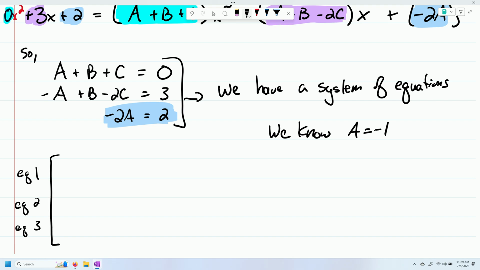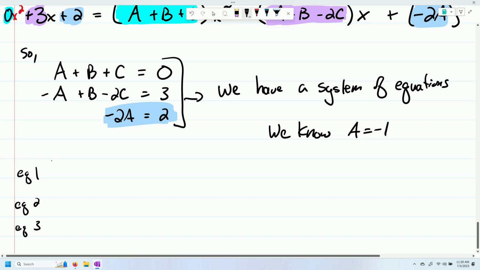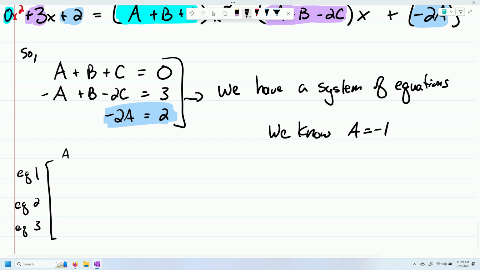Then each column represents the coefficients of each unknown value. In column 1, it's all the coefficients for A. In column 2, all the coefficients for B. And in column 3, all the coefficients for C. And when you have it equal to some output, sometimes you will see it drawn as a dotted line, and sometimes they don't even draw it.